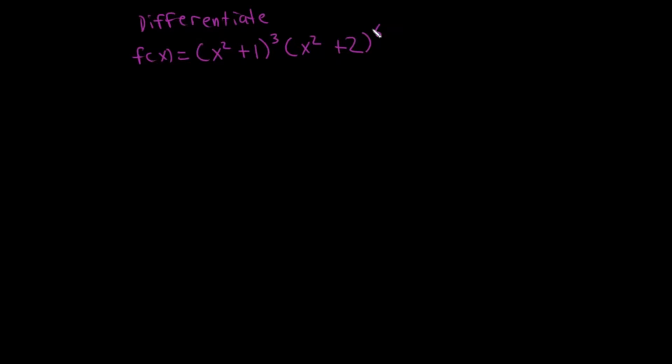This question is a little bit more challenging because we have two things multiplying each other, which means we also have to use the product rule, and that complicates this question a little bit more.